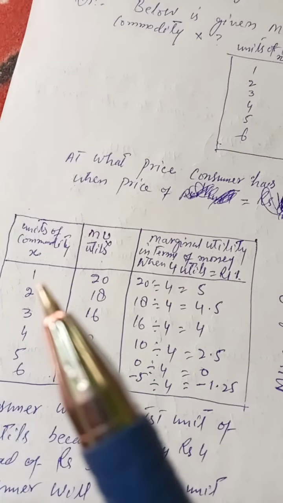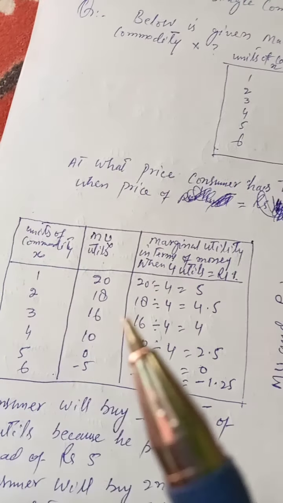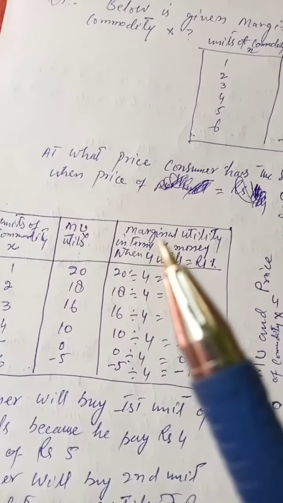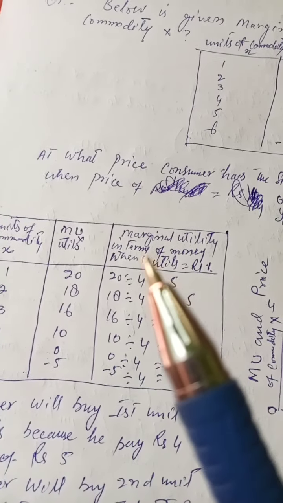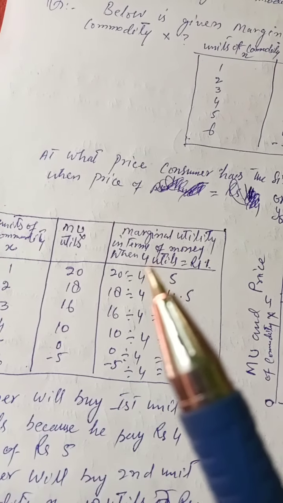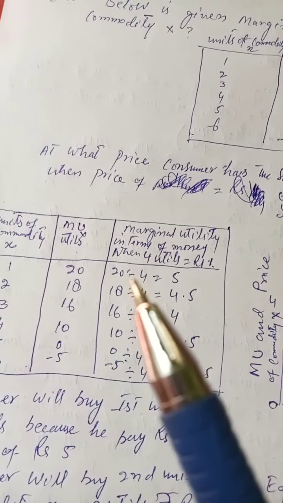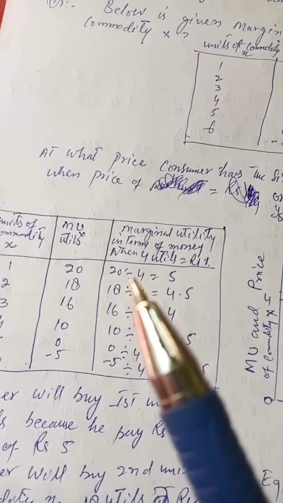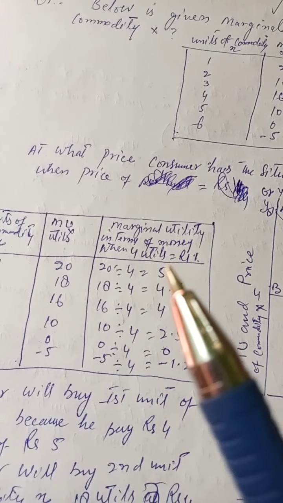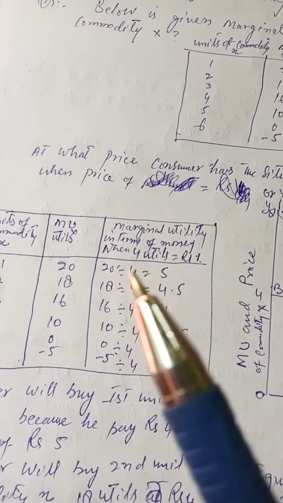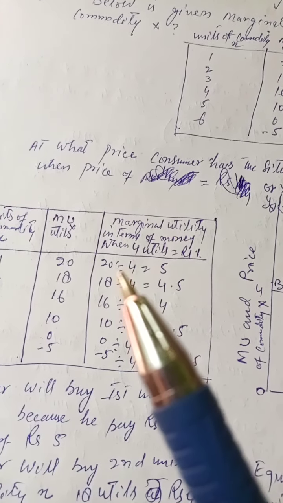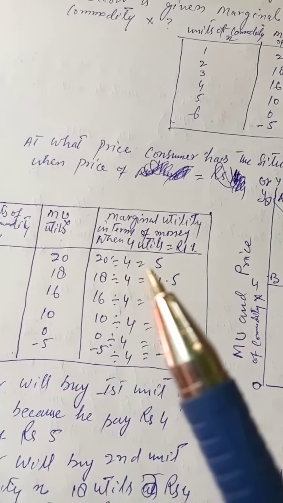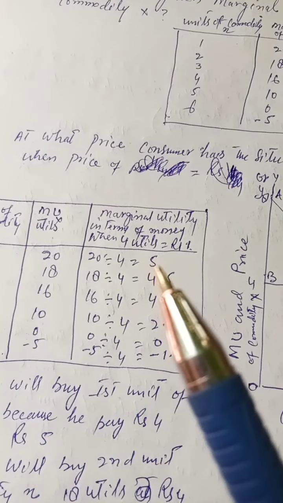When we consume the first unit, marginal utility is 20, and marginal utility in terms of money is 20 divided by 4, because 1 rupee's cost is 4 utilities. That means 20 divided by 4, 4 fives are 20. Here it is ₹5.